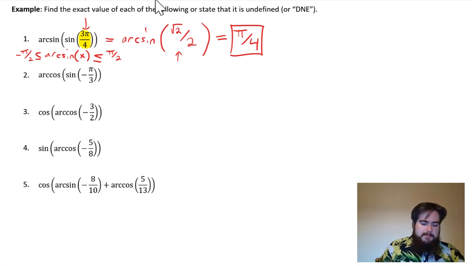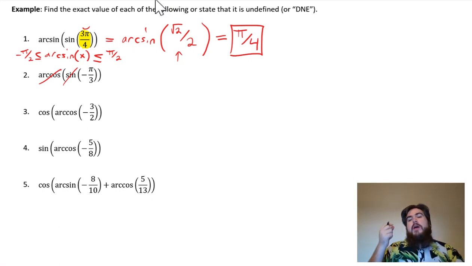For the second one, we have a mix of two functions. We have arc cosine of sine of negative pi over 3. In this case, you definitely cannot just cancel functions. You can sometimes do that when they are a function and its own inverse. Sometimes.